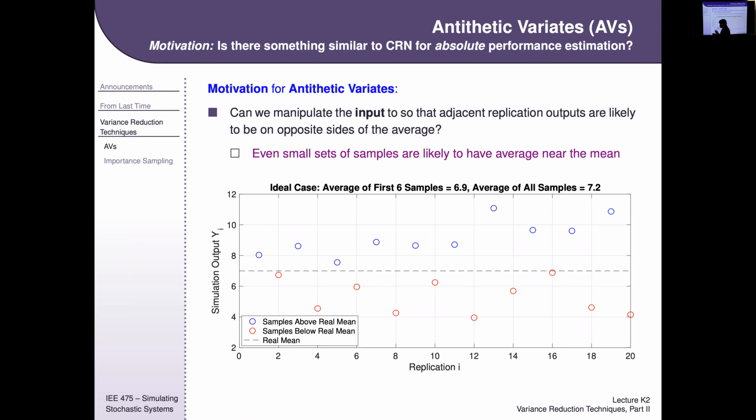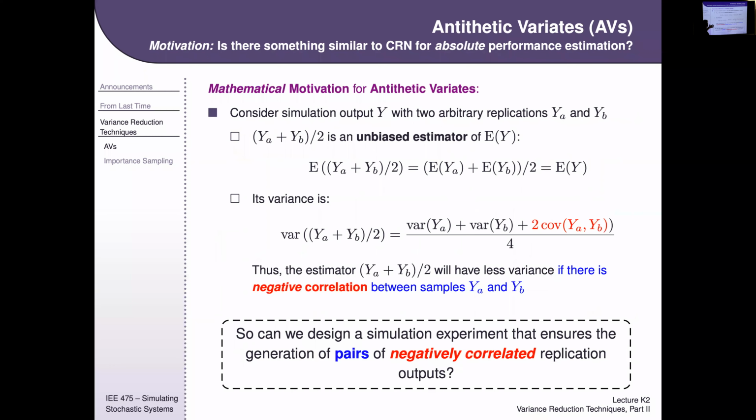And so if I think about mathematically what that looks like, A is my odd replication, B is my even replication, and this is their average. The mean of this antithetic variate is just the mean of the performance here. It's an unbiased estimator of the mean, just like we saw with control variates.